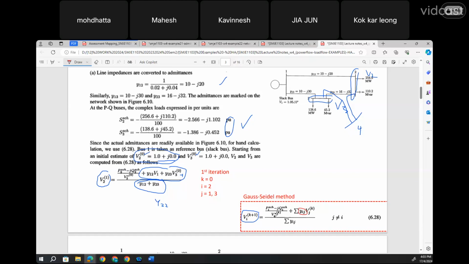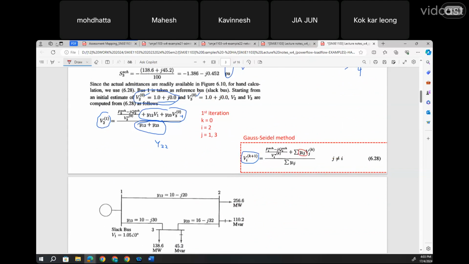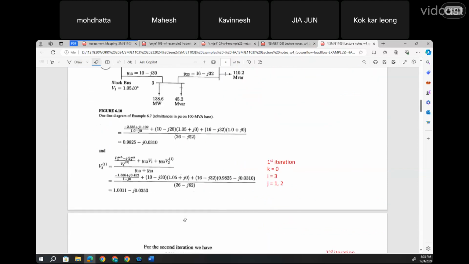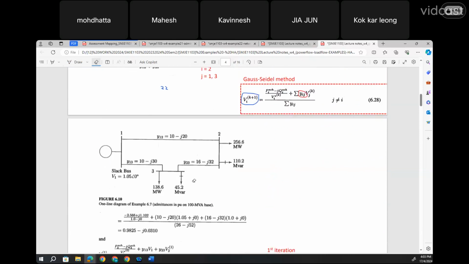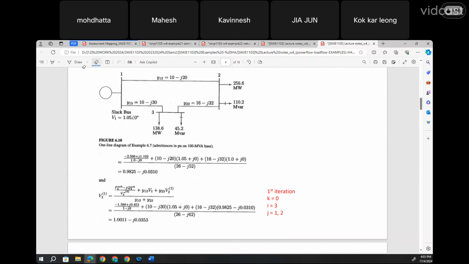Once you set up the equation, you will get the value of your V2 first iteration, V2 1, equals this value, and you have to use this value in order to calculate V3 first iteration.